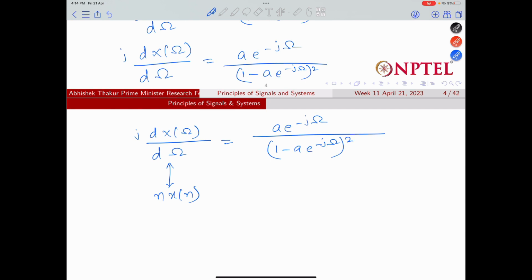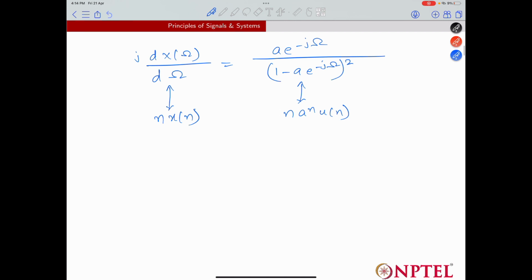You know that this forms a Fourier transform pair with n x[n]. Here x[n] we assumed a to the power of n into u[n]. So that is the Fourier transform of n into a to the power of n into u[n].